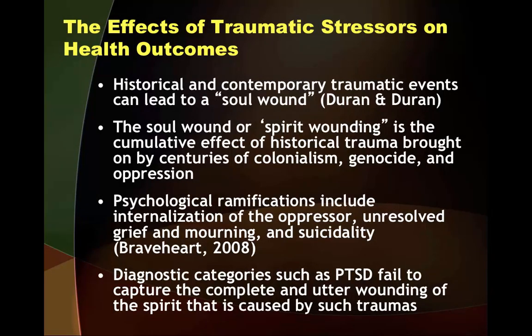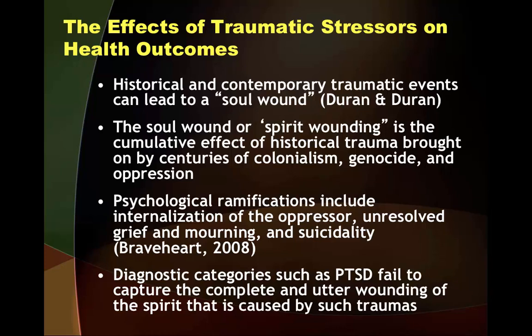Let's look at the effects of traumatic stressors on health outcomes. Historical and contemporary traumatic events can lead to something that in the literature is often referred to as the soul wound. The soul wound or spirit wounding is the cumulative effect of historical trauma brought on by centuries of colonialism, genocide, and oppression. This can be looked at in the research of Duran.